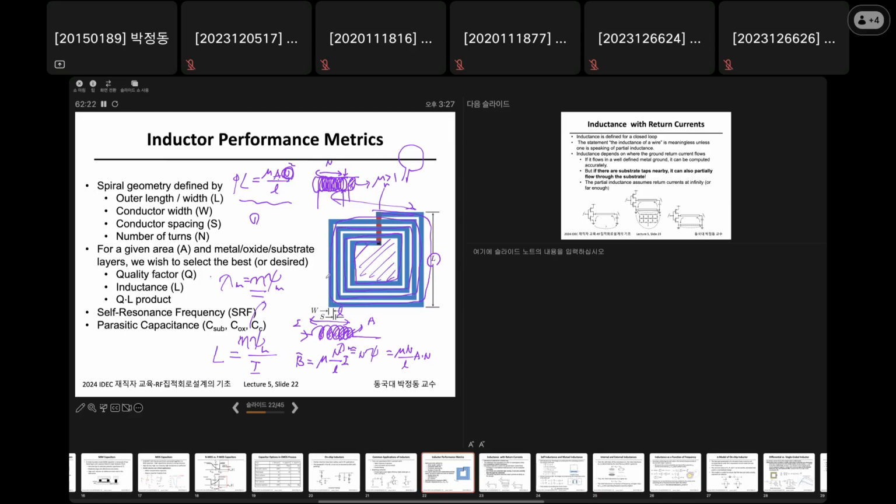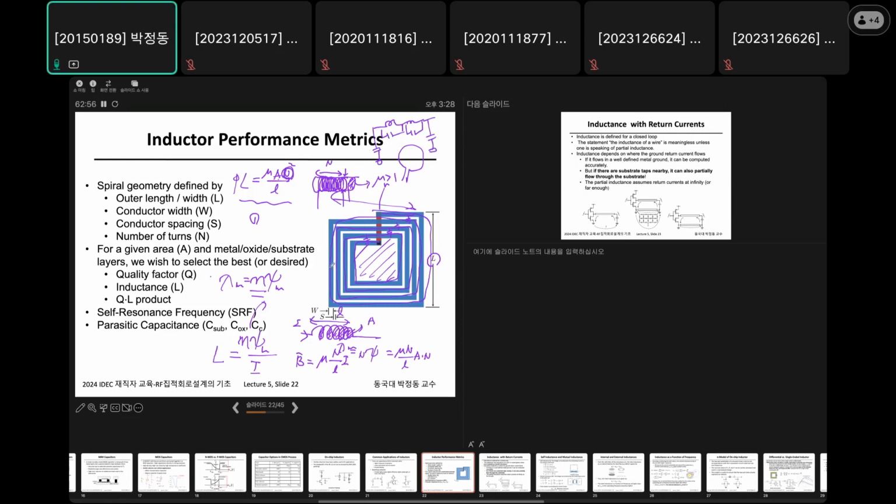The second problem is that since each routing line is crossed together, there exists a parasitic capacitance between each routing line. Okay, so this will also induce lots of trouble. And it also has a capacitance between this routing line and the substrate.